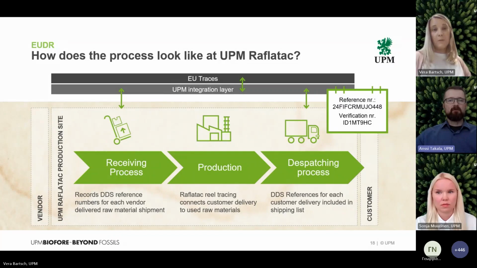During the dispatching process executed in our MES system, we will call EU Traces through a UPM integration layer and generate DDS reference numbers. The reference numbers will be included in the shipping list and shipment EDI messages. EDI messages are using the PubInet standard, and PubInet has already implemented the necessary schema changes for EUDR purposes.